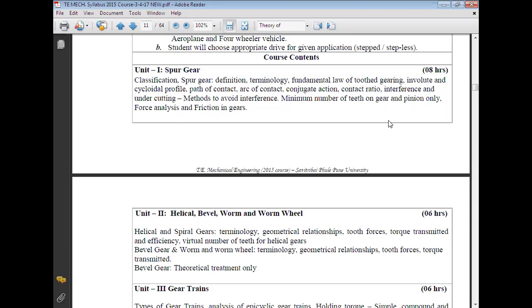If you are good with this first unit, then it will be quite easy for you to deal with the second and third unit. These are interdependent units. If you have understood the concepts of spur gear, definitely you will understand the second and third unit simultaneously. So that is for unit number 1.